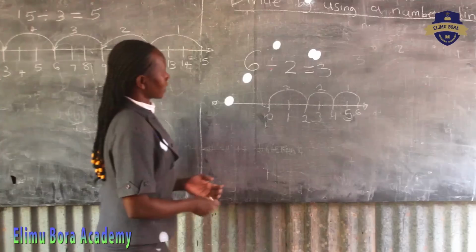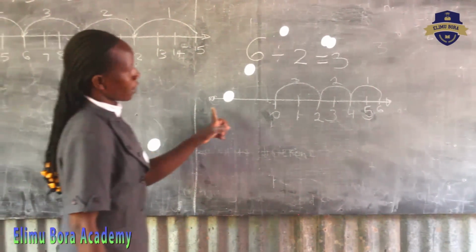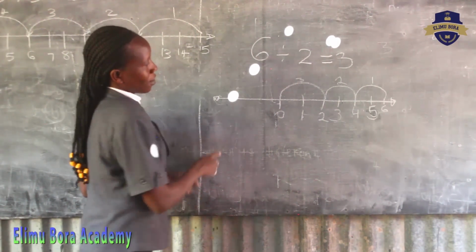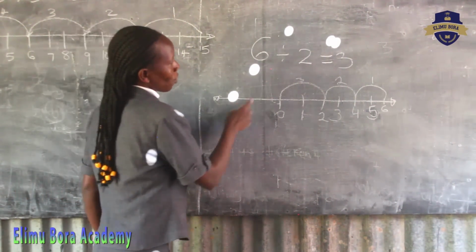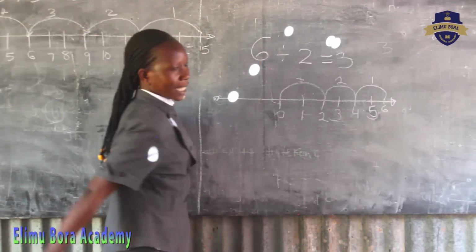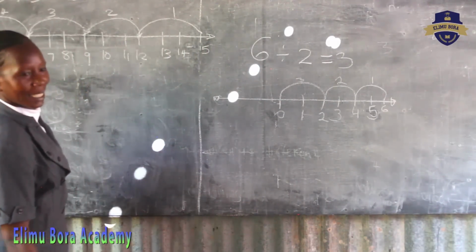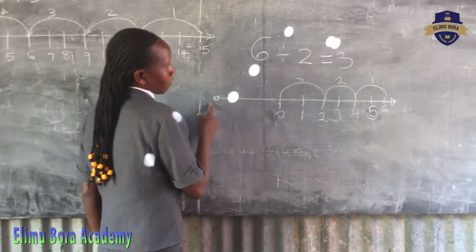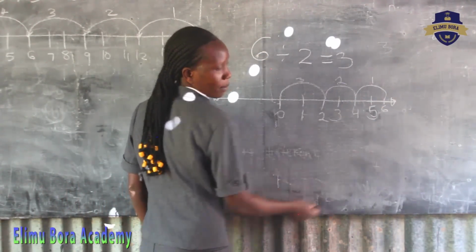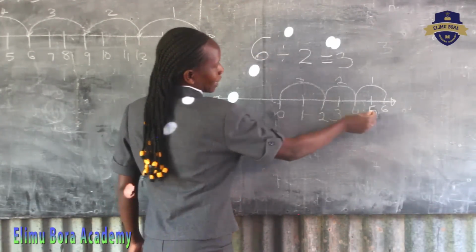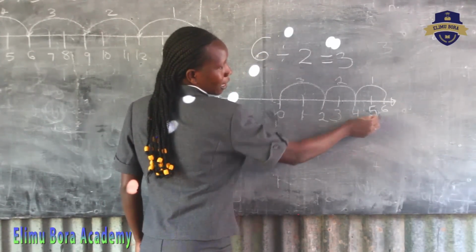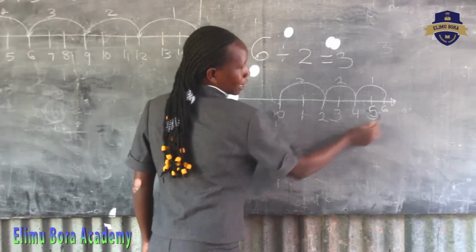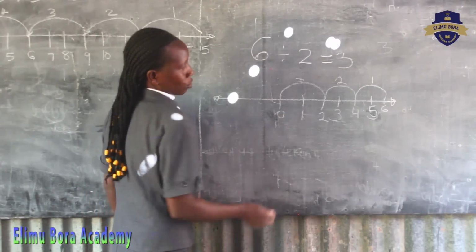Well done. You can see how she has drawn the number line. So we have 6 divided by 2. First of all, she has drawn a number line. She has dotted 6, starting at 6 until you get to 0.